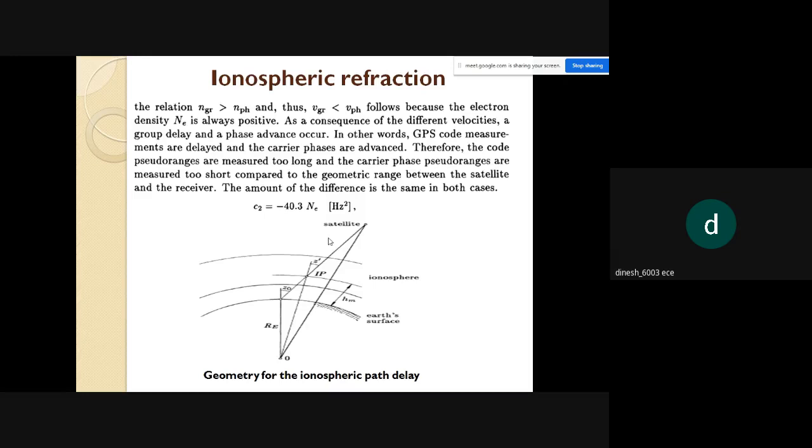The geometric range between the satellite and the receiver determines whether the pseudo ranges are too long or whether the carrier phase pseudo ranges are too short.